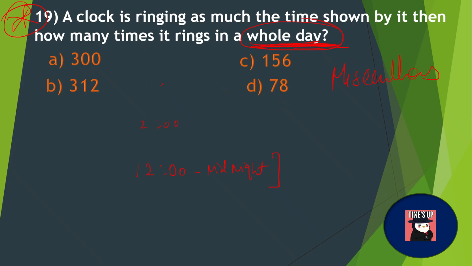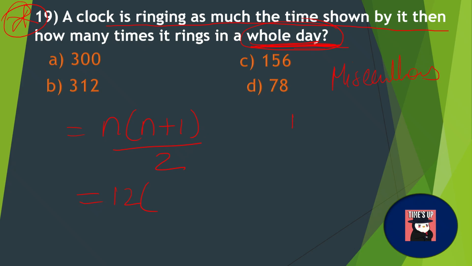Correct? So here's the formula to find that: n into n plus 1 divided by 2. N is 12 because a clock is ringing as much as the time shown by it.